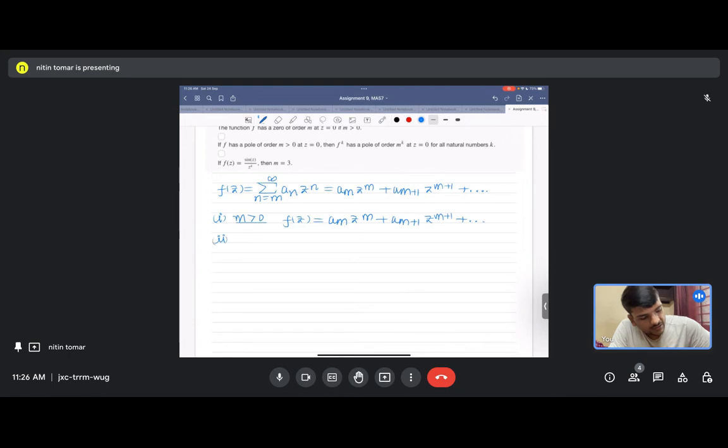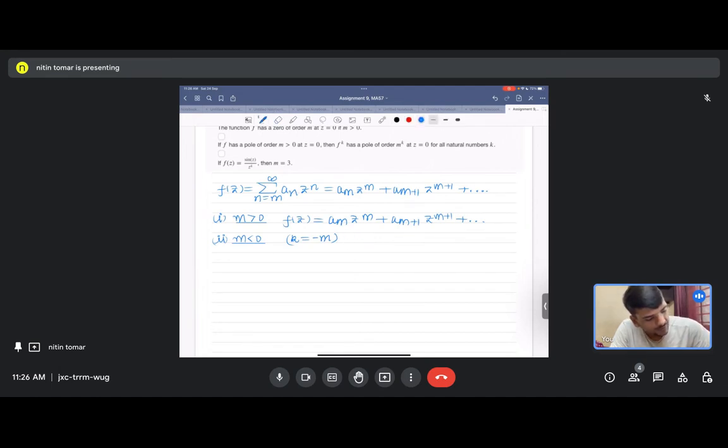Now if m is negative, which means if you fix k to be minus m, because m is fixed, then what will your series be?